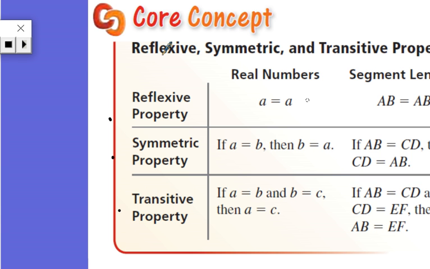This reflexive property is going to be super important when we get to things like triangle congruence, because think about how a triangle would be able to be set up.